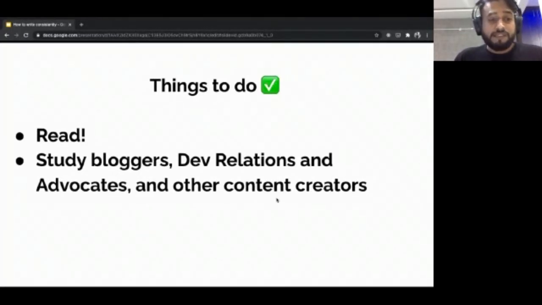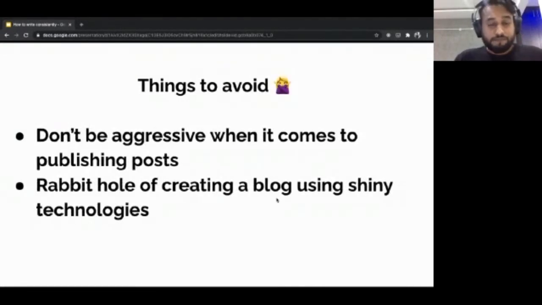and then you can develop a better understanding. There are also some things I like to avoid when it comes to starting as a developer. I would say don't be aggressive when it comes to publishing posts. If you're starting to write blog posts or maintain a blog as a developer, it's about feeling excited and publishing all the posts in one go, but it is not a sustainable thing to do for a long period of time.